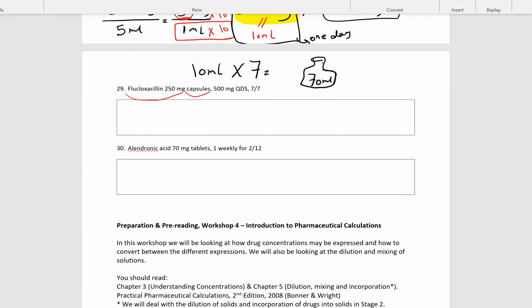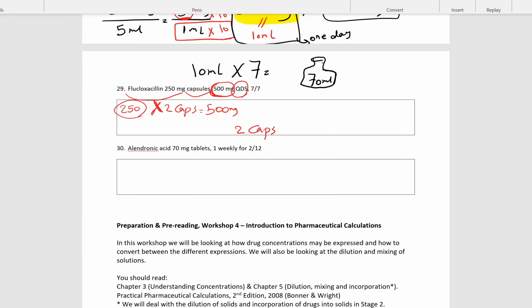Now we have fluoxetine 250 milligram capsules. We want to supply capsules for this patient. Available capsules are 250, but the dose is 500. So we need 2 capsules to get the 500 milligrams.